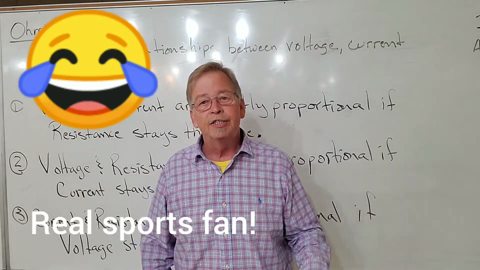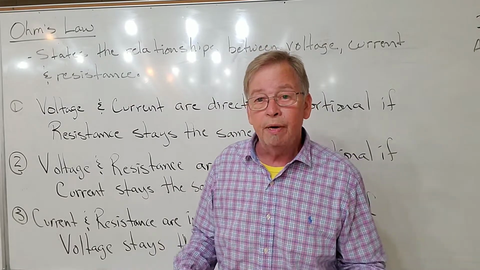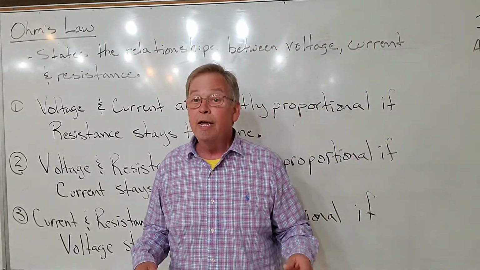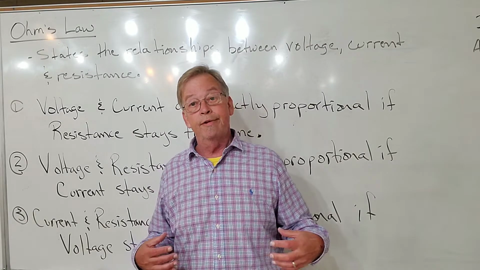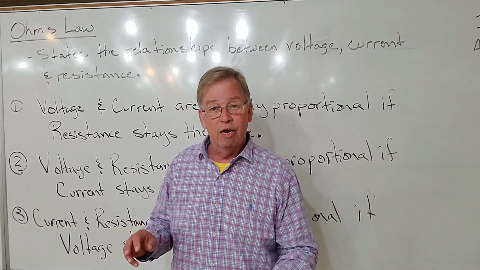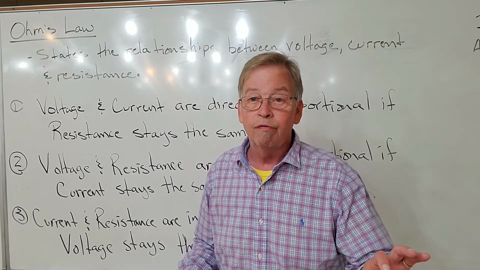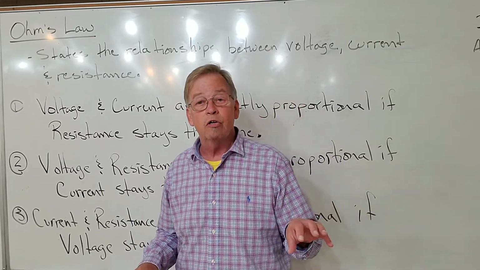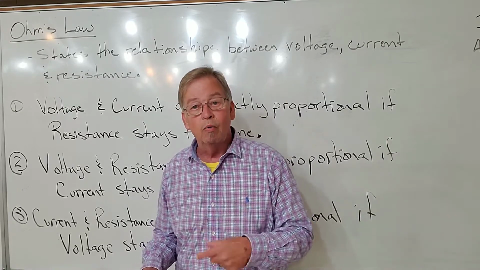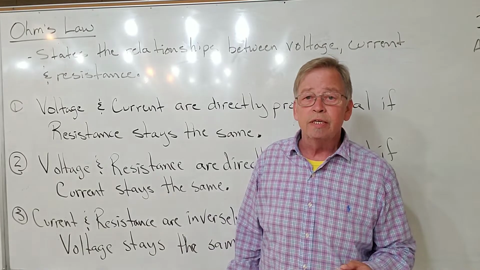But if I double up my number of defense and put 22 people out there instead of 11, now that offense is hardly going to be able to move at all. The more opposition, the less flow. The less opposition, the more flow. This is an inverse relationship, like the one we have for current and resistance.